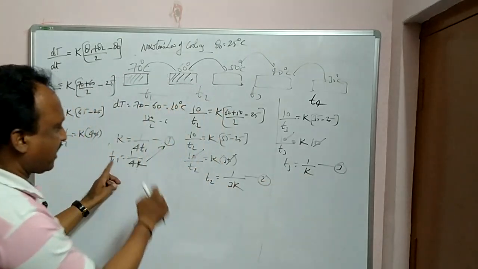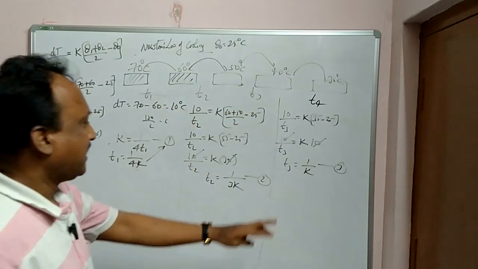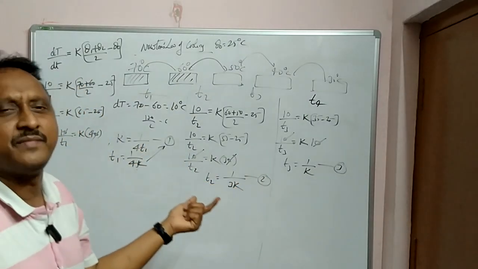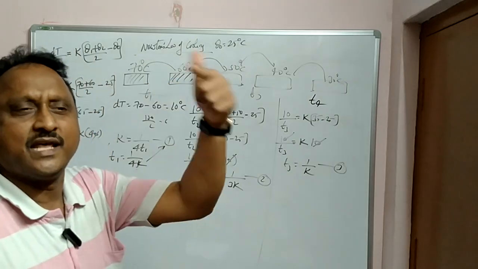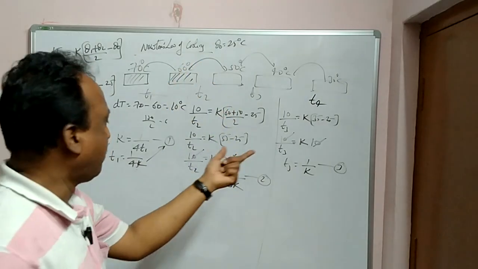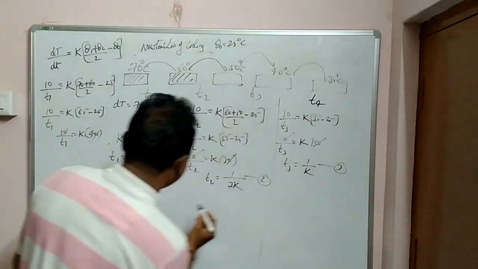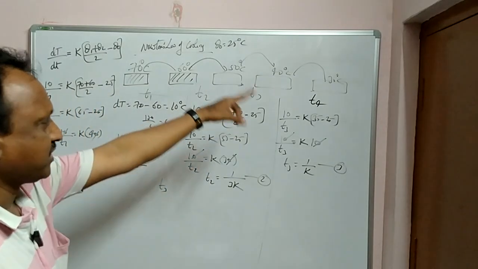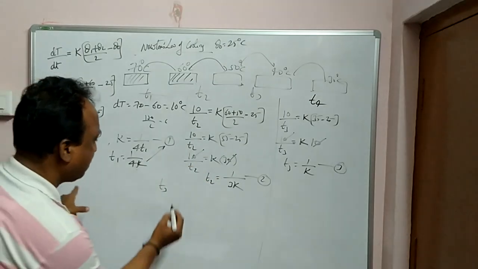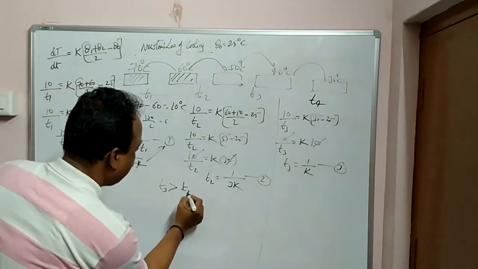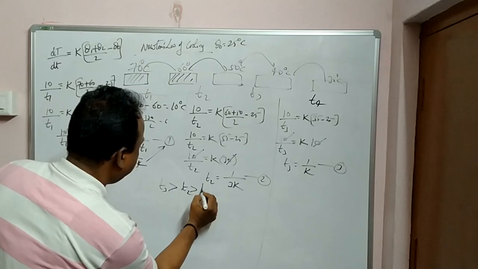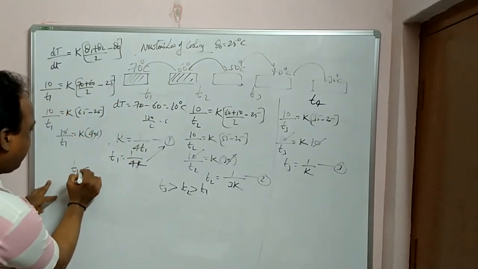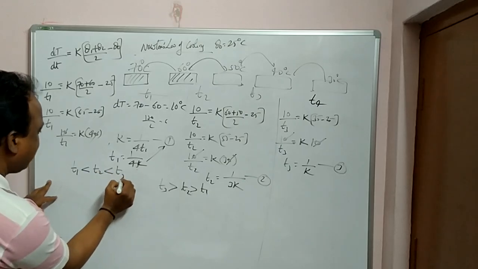Mathematically, the more the denominator, the less the value; the less the denominator, the more the value. So T3 is the largest according to this problem, next T2, next T1. T1 is less than T2 is less than T3.